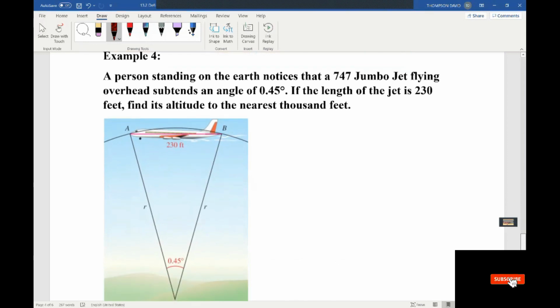A person standing on Earth notices that a 747 jumbo jet flying overhead subtends an angle of 0.45 degrees. If the length of the jet is 230 feet, find its altitude to the nearest 1,000 feet.